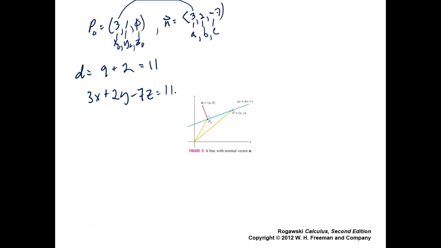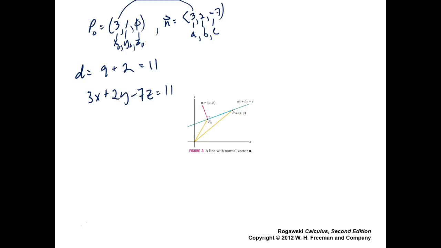Once you know what d is, basically write it down. These are the coefficients of your point P, which is x, y, z. So 3x plus 2y minus 7z is equal to that d. That's your equation for the plane that has that as a normal vector through that point. Your C is supposed to be -5.